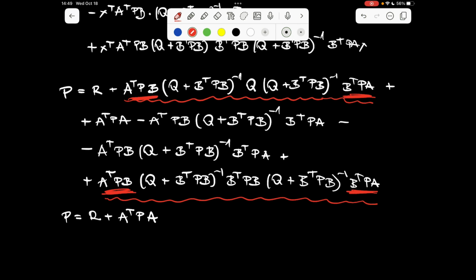And between this part of the equation and this part. The latter two are the same.